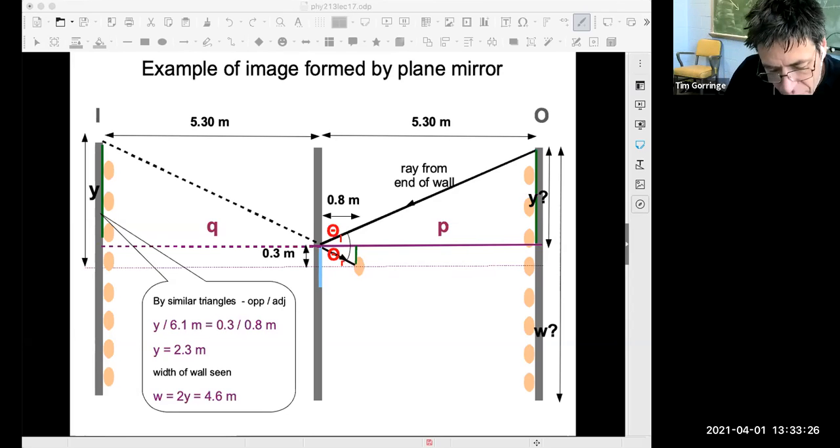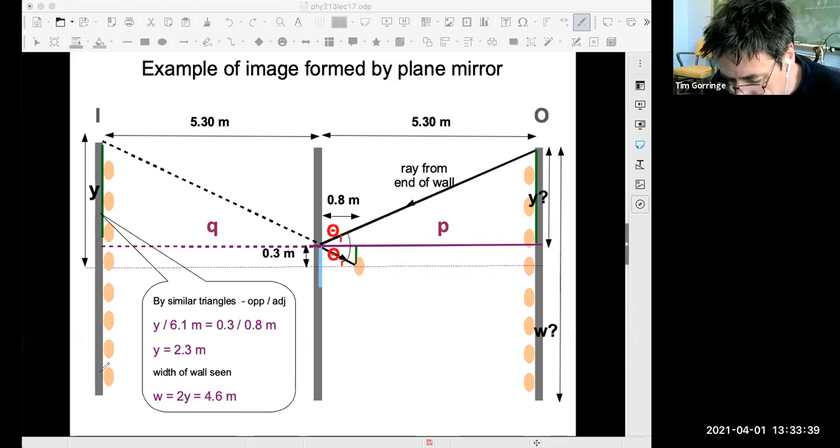Now, to find out what region of the wall of the choir the organist can observe, I'm going to add to this a little bit of geometry. Let me explain the geometry I'm going to use. I'm going to use the geometry of two similar triangles. One triangle is a little one, it sits here. It's this triangle formed by the edge of the mirror, the center of the mirror, and the organist.